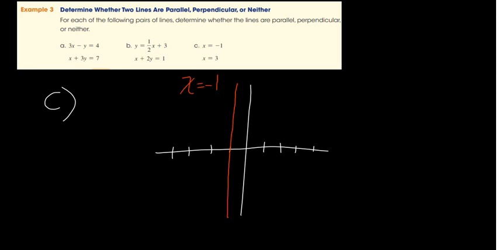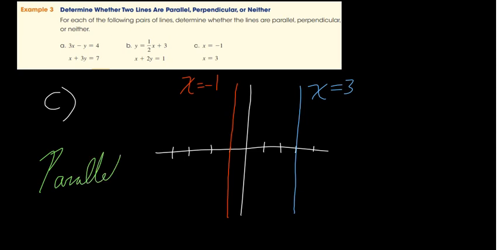And then at x equals 3, okay, one more try. All right, whatever. I think I forced that, but that's okay. At x equals 3, we have a vertical line, and we do indeed have parallel lines. Okay, so C will be parallel. I always like writing parallel. That's it.